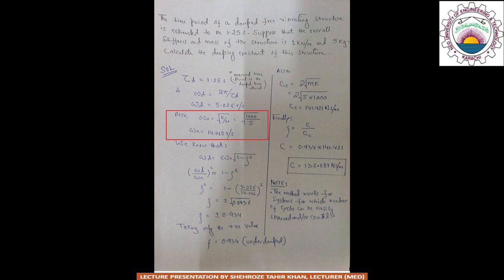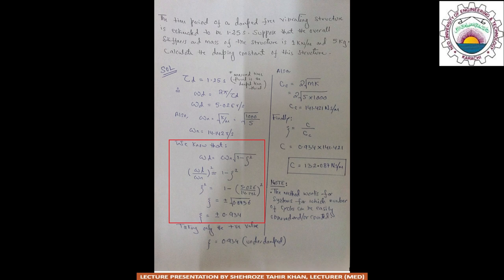Since in this question we are required to find the damping constant of the system, we use the formulae which are related to the damping constant in some way or the other. That's why in this step we use the formula of damped frequency, omega d is equal to omega n under root 1 minus zeta square, where zeta is the damping ratio.